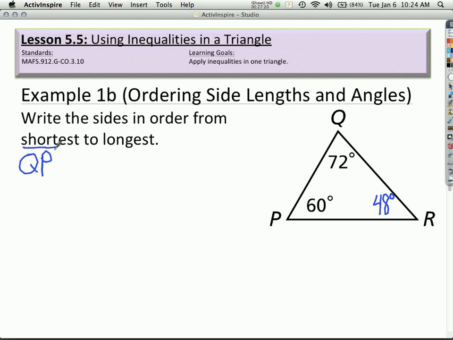It is opposite the smallest angle. Which side is going to be the middle side? QR is opposite the middle size angle, so segment QR will come next, and then that leaves PR as our largest side.